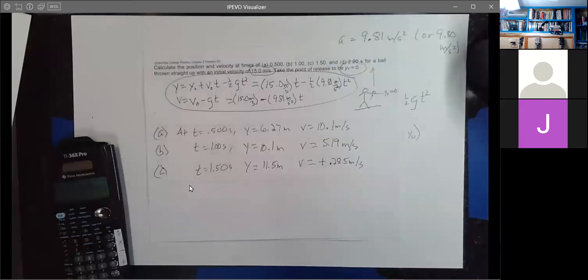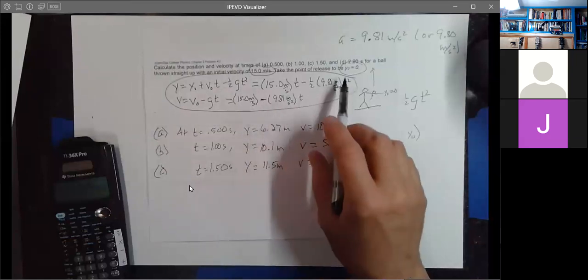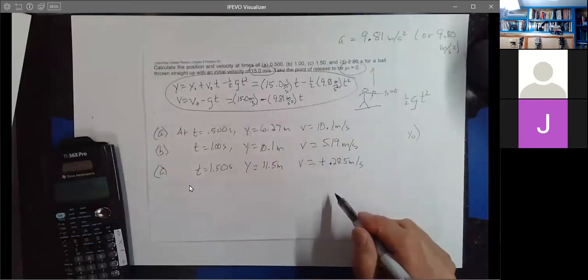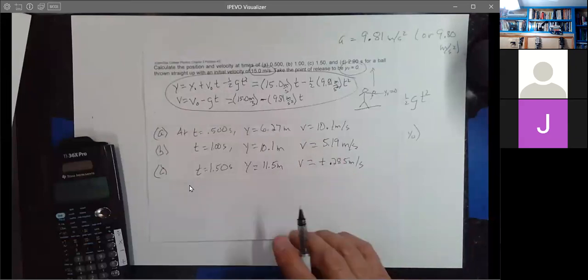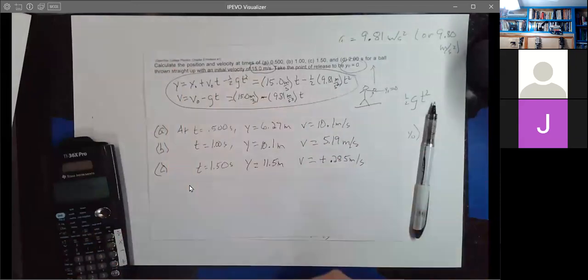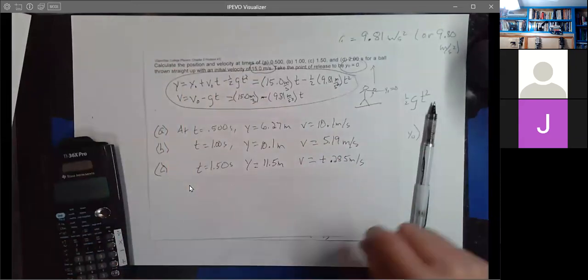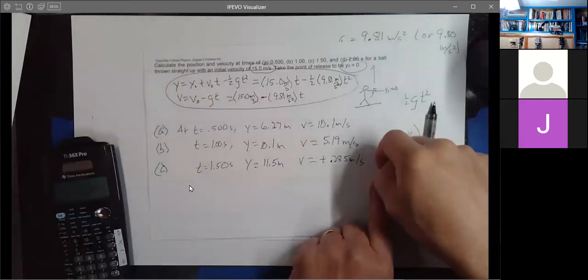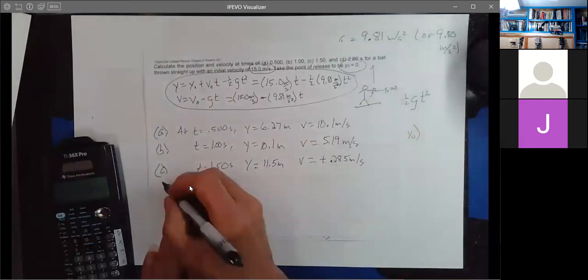And so I would expect at 2 seconds, it's going to have a negative velocity and won't be going up anymore. It's about to come to a stop. When you throw a ball upward, it accelerates all the way up, but the acceleration is opposite the direction of motion, and so that's slowing it down.